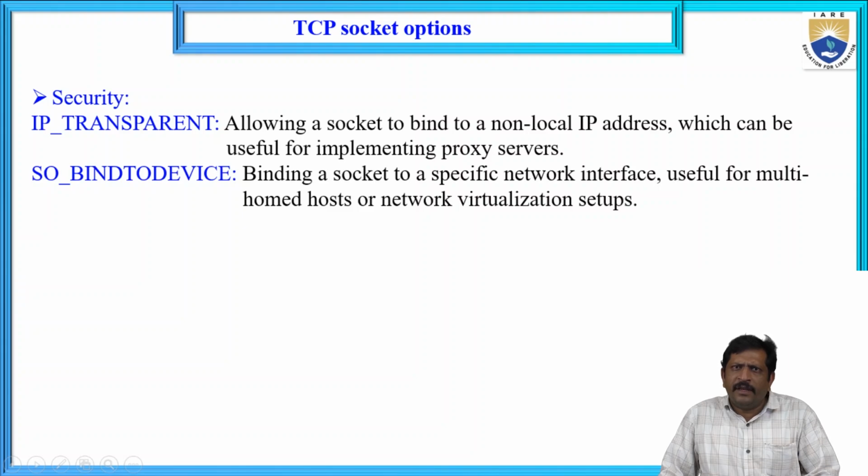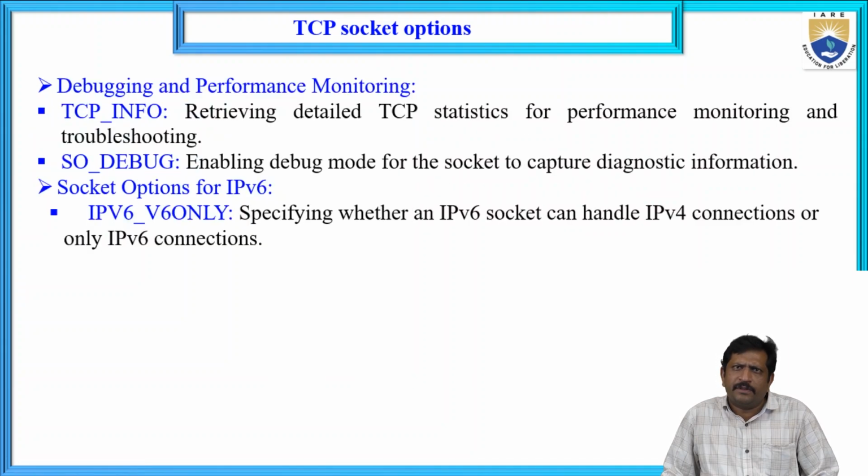Here is socket bind to device, which is binding a socket to a specific network interface and is useful for multi-homed hosts or network virtualization setups, debugging and performance monitoring.